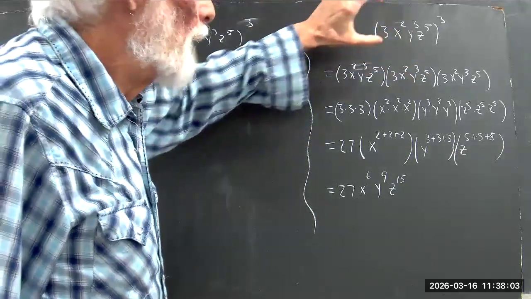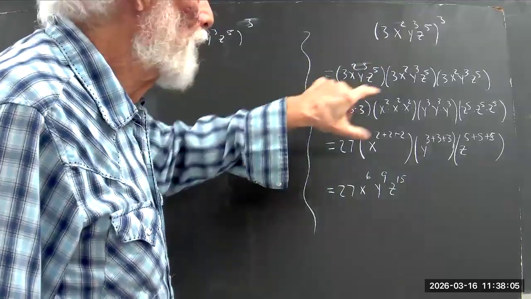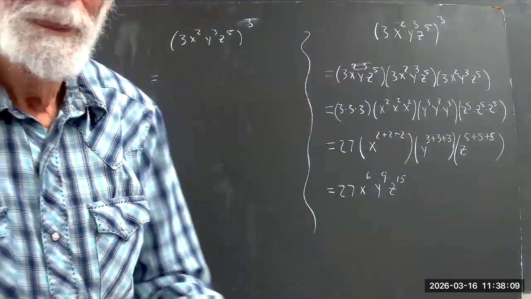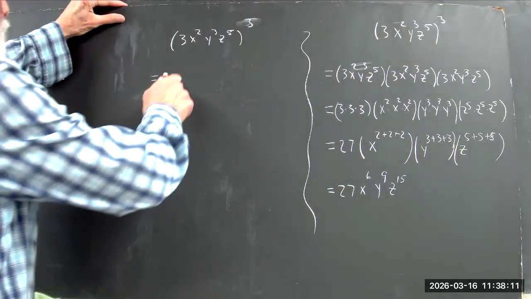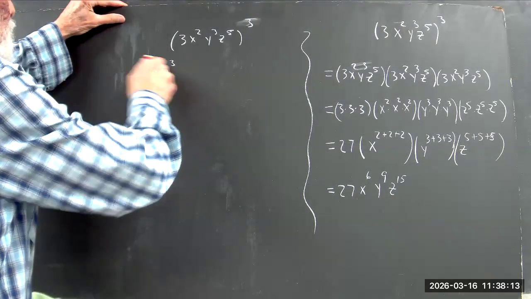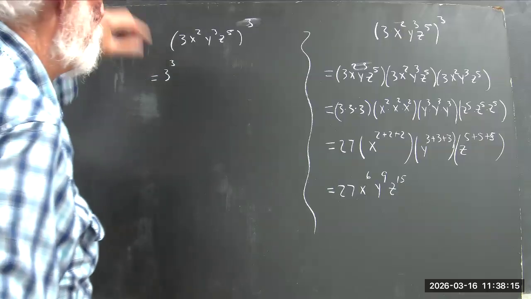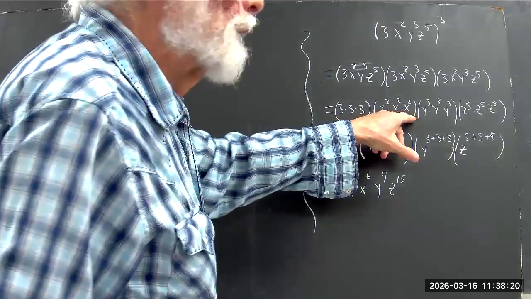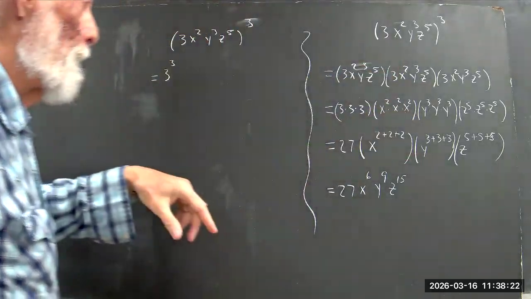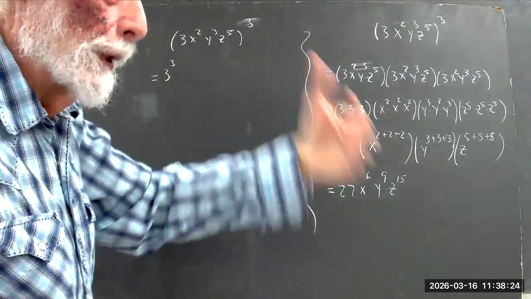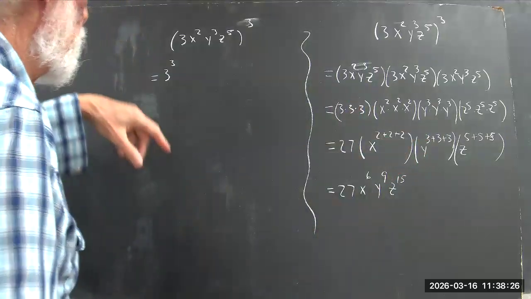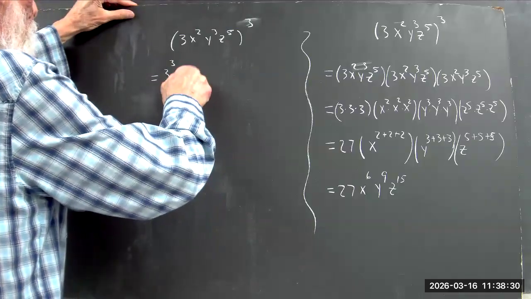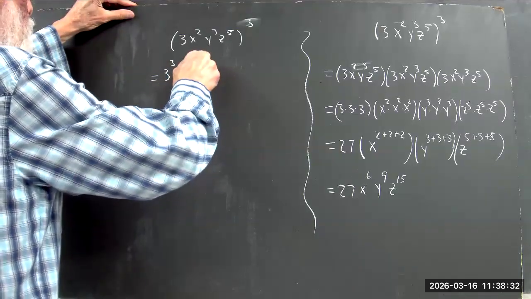If we write out 3 copies of what's in parentheses, we're going to get 3 3s, and they're multiplied together. That tells us that we have 3 cubed. And what are we going to have? We're going to have x squared multiplied together, x squared times x squared times x squared. And that's just then x squared cubed.